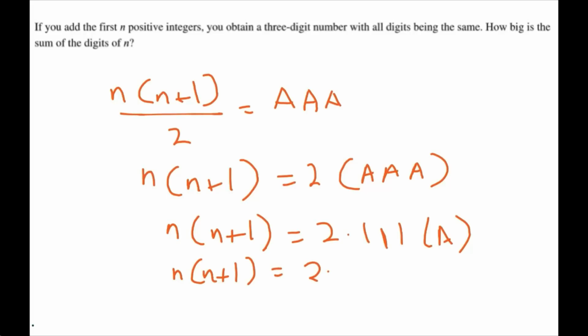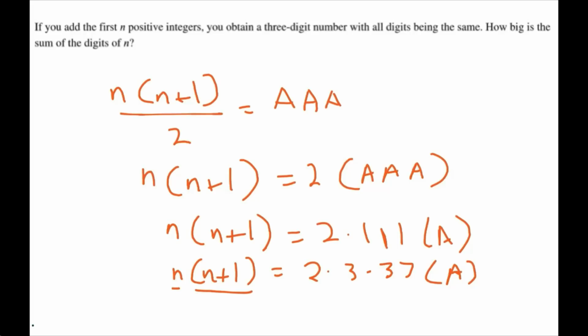So let's try to find the prime factorization of this, or as far as we can get. 2 times, let's factor 111, 3 times 37 times a. So notice that this is 2 numbers that differ from each other by 1. So if there was some way, since 37 is so big, that we could either get 38 or 36, our problem would be solved. 2 times 3 is equal to 6. 6 times a, we want it to give us either 36 or 38.